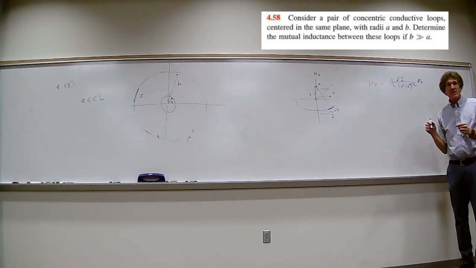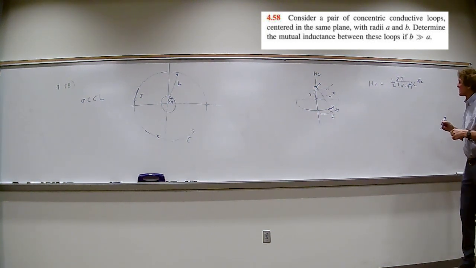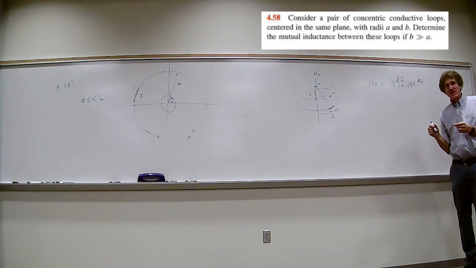Doesn't it, class? Can you check on that? There are different ways to write this, but I think he has A squared over 2 times A squared plus Z squared to the 3/2. Am I right? No? I'm pretty sure. Can anybody take a look at it? Jonathan, can you check? I don't know where it is in the text, but I want to give you a marker point so you know where I'm getting this.